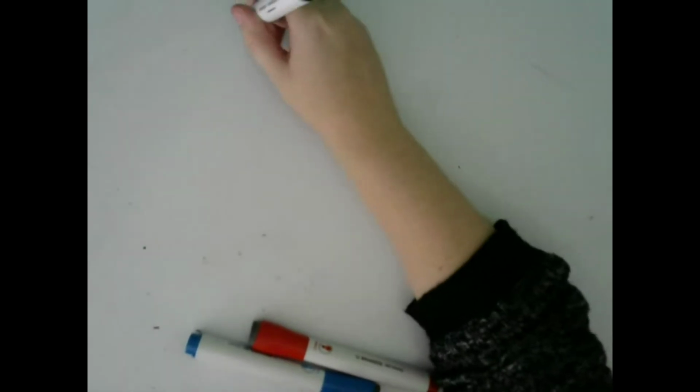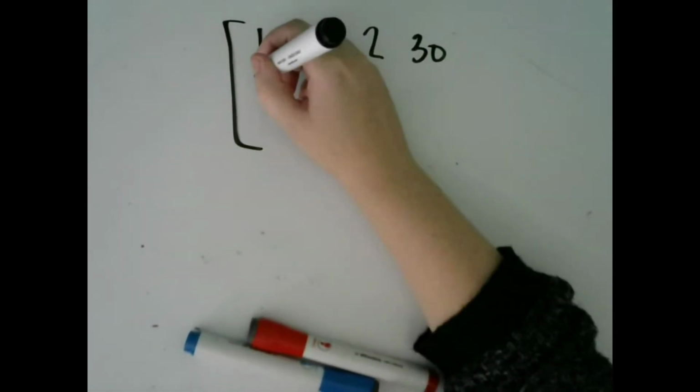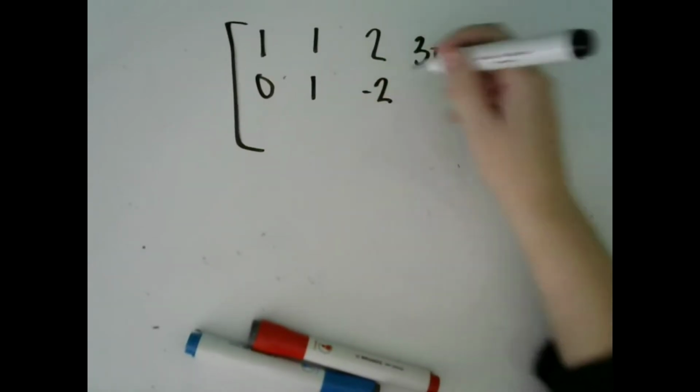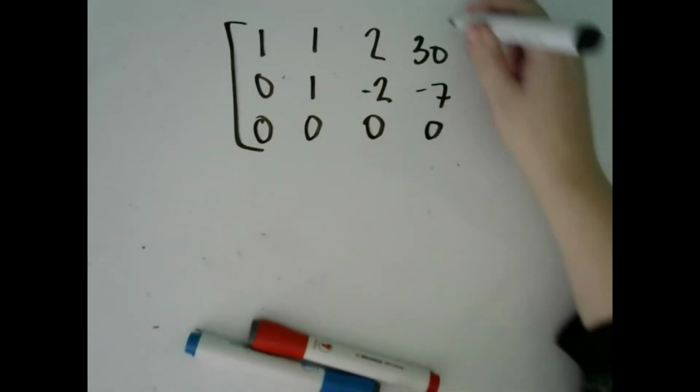And when you're solving a dependent system, you'll know you've reached the conclusion when you've zeroed out your bottom row completely. So here we're looking at 1, 1, 2, 30, 0, 1, negative 2, negative 7, and 0, 0, 0, 0.